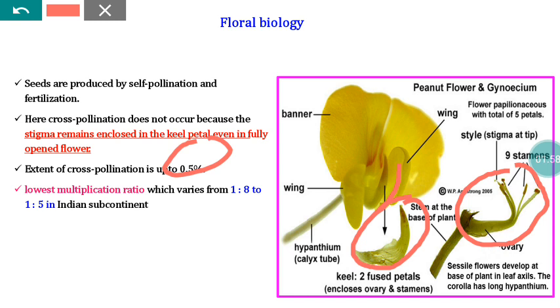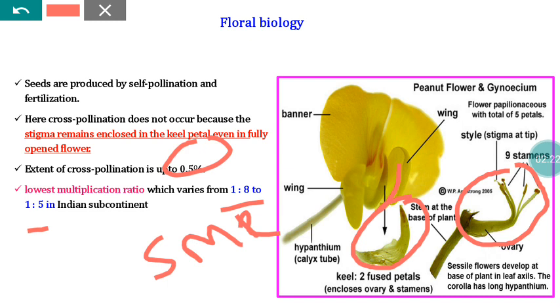Another drawback with reference to groundnut is that it has a low SMR, seed multiplication ratio. The SMR in groundnut is very low, that is 1:8. In some cases 1:5 is also reported. SMR means if you sow 1 seed, how many seeds you are going to harvest.